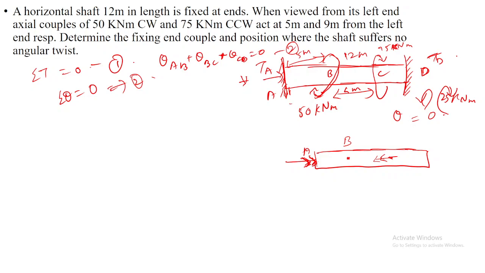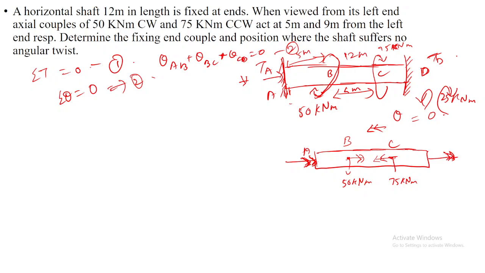Left side, yes. If I'm rotating in the clockwise direction, my thumb points towards the right, whereas for 75 kilonewton meter, my thumb points towards the left. So this is 50 kilonewton meter, and this is C, which is 75 kilonewton meter. So the net reaction is towards this side, and opposite to that I have to add the reaction couples.